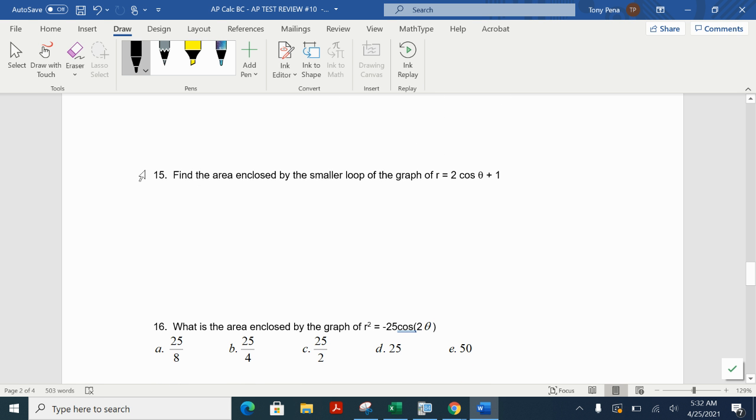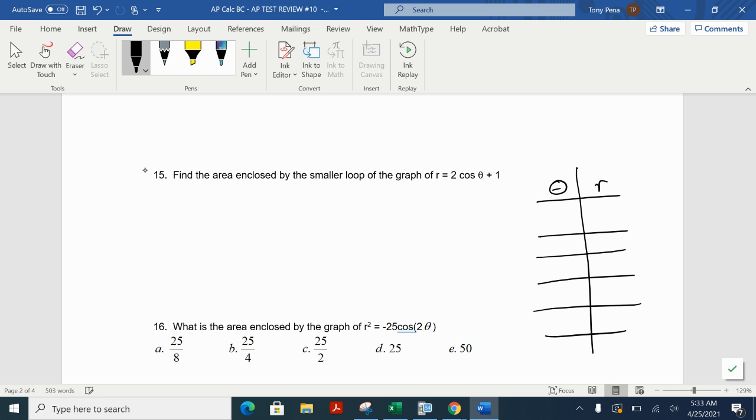All right, so now here's kind of that big one that we were talking about before. This has an inner loop. So let's say we don't have a calculator in our hand, and we don't want to have to sketch all this out. The reason we get these inner loops is because when we do our little chart for the sake of graphing these, as we were to do all of these, at some point we get an R value that is a 0, so we don't take a step in any direction.